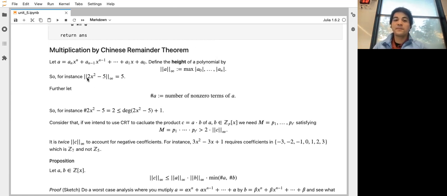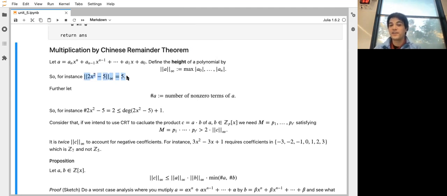So if I know this polynomial, 2x squared minus 5, if its largest number is 5, that means that I'm going to need at least, well, it's minus 5, right? So I need to go from minus 5 to at least plus 5. That's going to be accommodated by mod 13, because of this symmetric mod.